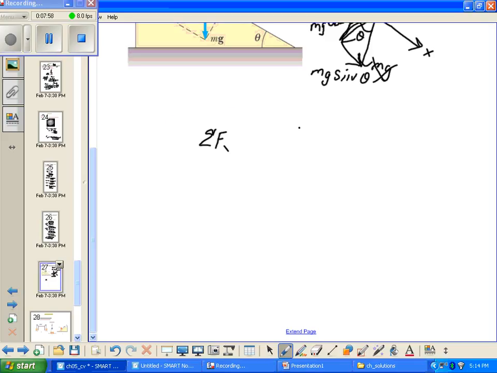The forces along the x direction have to equal 0, and these are mg sine theta, which is along the positive direction, minus the force of static friction.